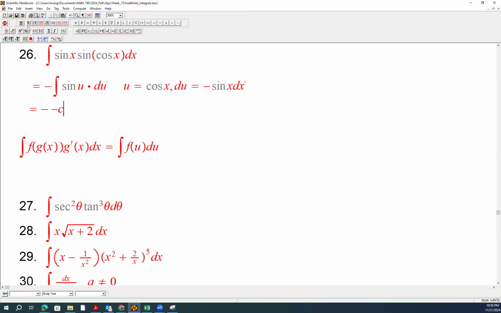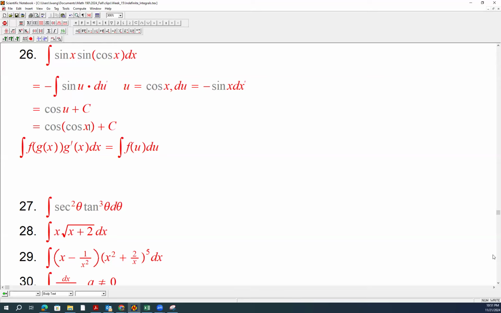Negative cosine u plus a constant. And negative times negative makes positive. And last, substitute u, and u equals cosine x. So this u will be substituted with cosine x. It's basically cosine of cosine x, right? It's a composition of a trig function.